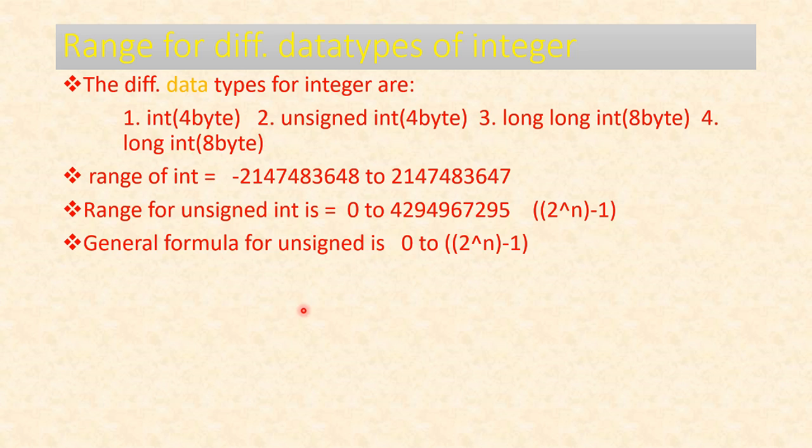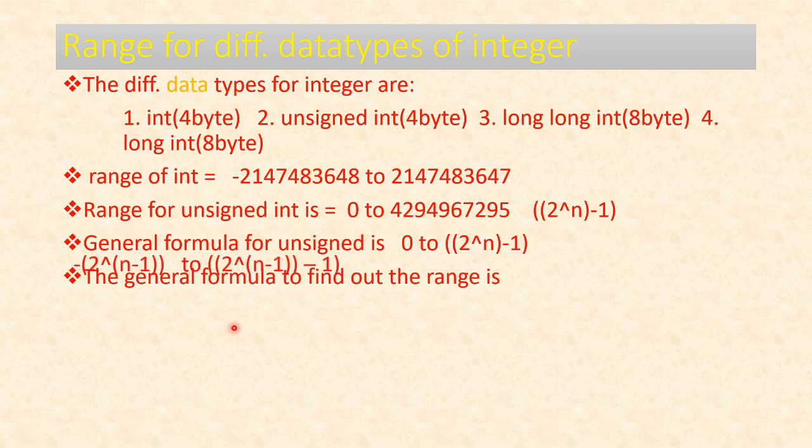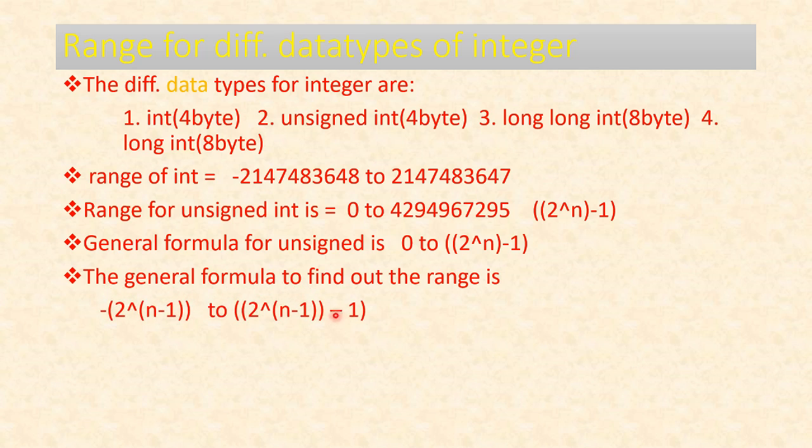Now moving further, we have a general formula for unsigned, which is 0 to 2^n minus 1, as we have talked about here also. And the general formula to find out the range, you can say that this is for signed values, not for unsigned. For unsigned we have 0 to 2^n minus 1, but in case of int, long int and long long int, we have this formula. So in the case of finding the range of int, the value of n is 32.